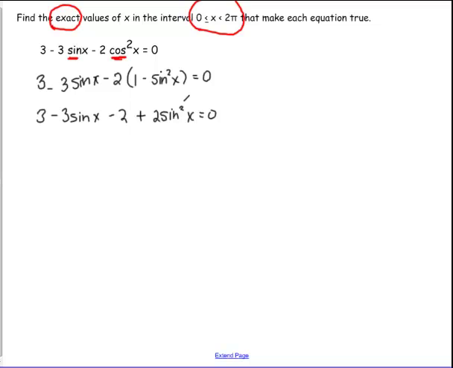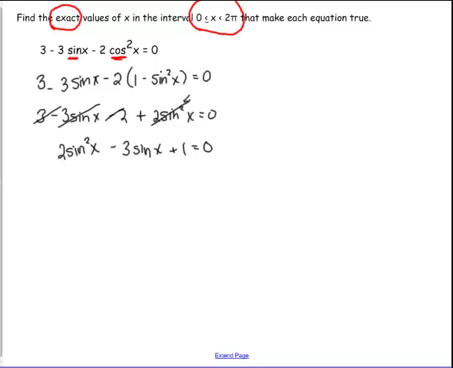I see a squared. That means I'm going to have to factor. So I'm going to get it in order. Lead with your highest exponent: 2 sine squared x minus 3 sine x. 3 minus 2 leaves me with a plus 1 equals 0.